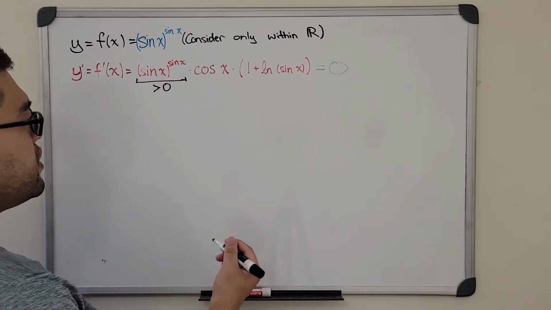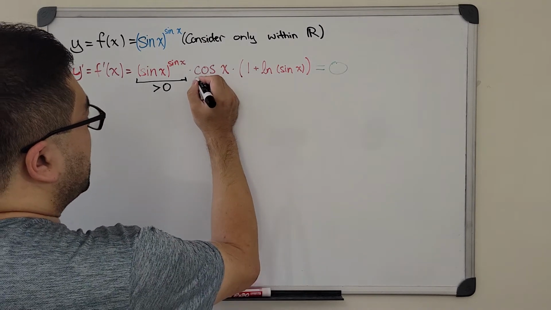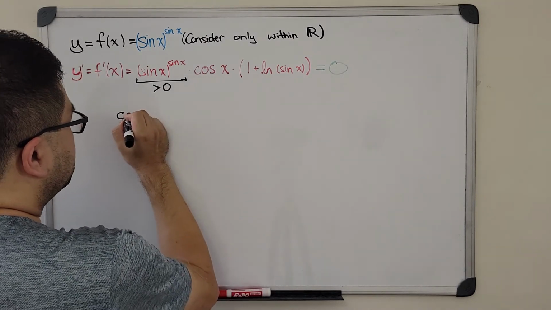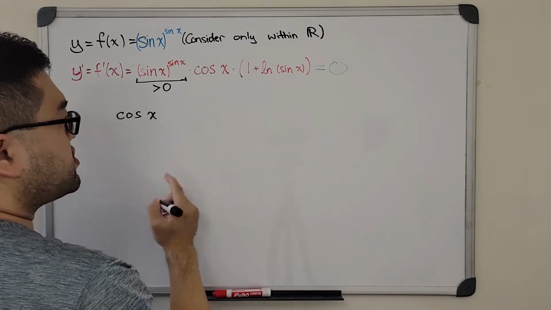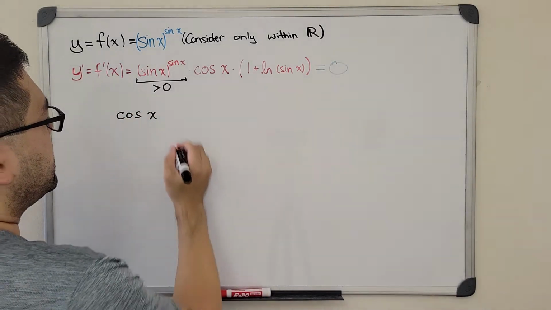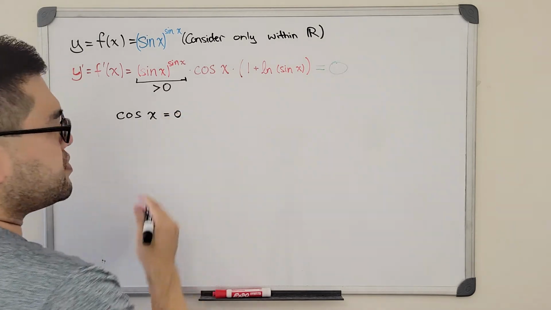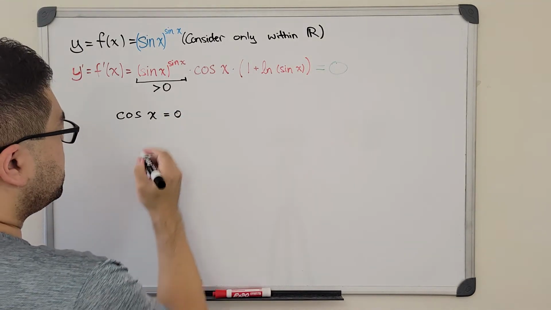Good. Next, we have to look at the second part, cosine of x. And we are going to assume that cosine of x is equal to 0. When would that happen?